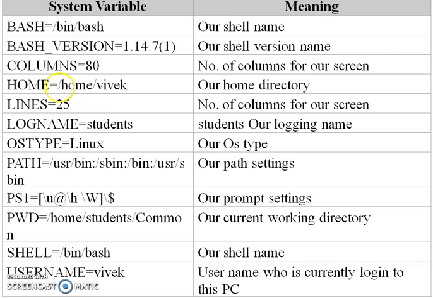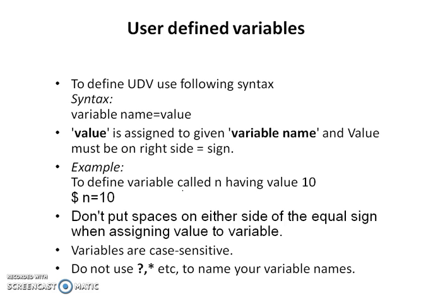Some system variables are shown here. SHELL, PATH, PWD, all these are system variables. User defined variables are normally given in this way: variable name and then the value.